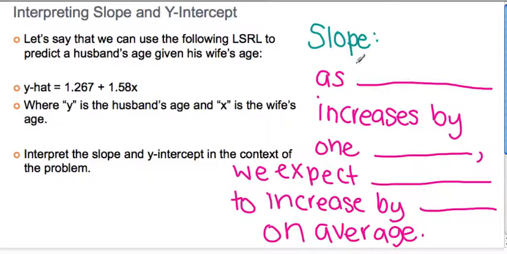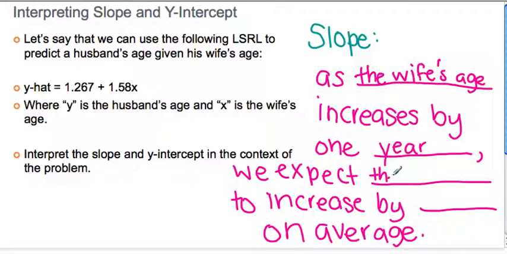As x increases by 1, so x is the wife's age, so as the wife's age increases by 1, let's say this is in years, by 1 year, we expect y, which is the husband's age, to increase by, and then what's the slope here? 1.58, and then the units for y, years, on average.